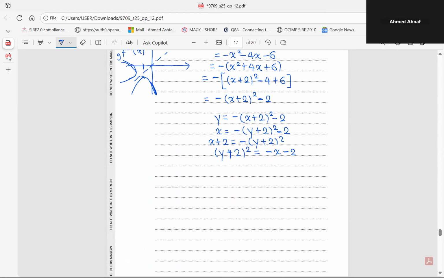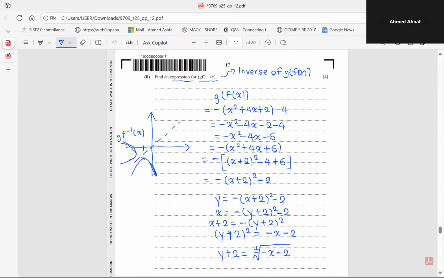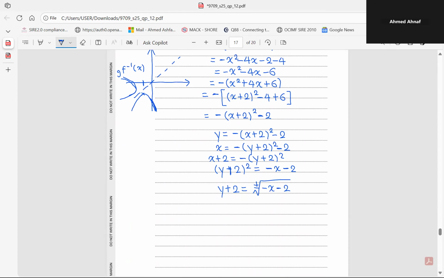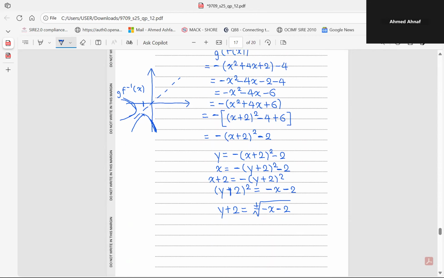Okay, and now we're going to take the square root on both sides. So this would be plus or minus square root of negative x minus 2. In order to decide which one to reject, we're going to have to see our y values.